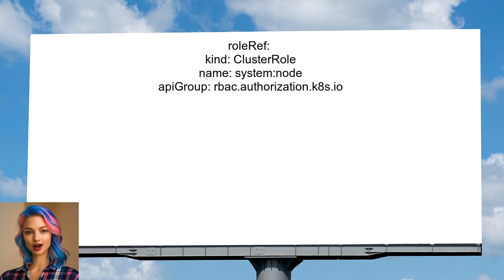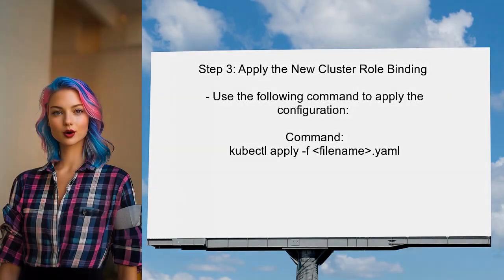This can be done by creating a new cluster role binding that grants the required permissions. After creating the new cluster role binding, the user should apply the configuration. This will ensure that the kubeadmin user has the necessary permissions to execute commands that require access to nodes.